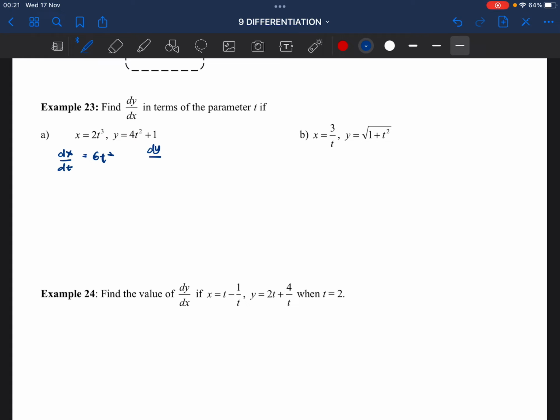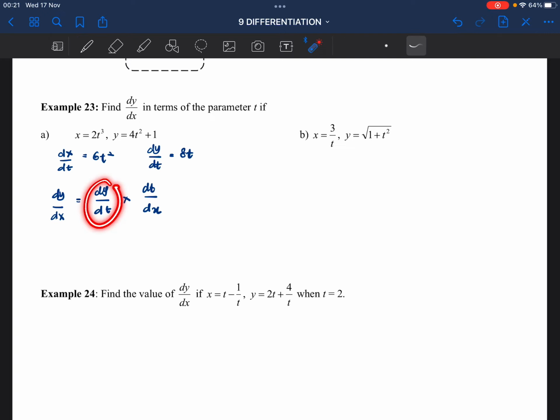We should have dy over dt equals 8t. Now we want to find the first derivative. We just substitute into our parametric equation or chain rule. Here is dy over dx, so the formula should be dy over dt multiplied by dt over dx.